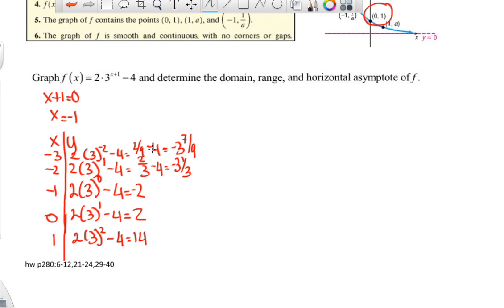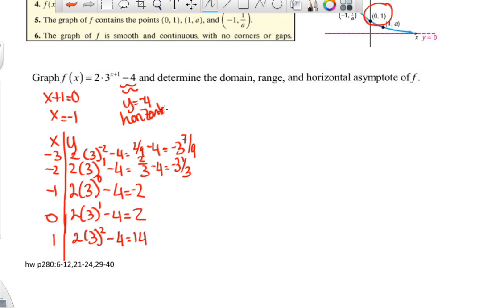So what is the horizontal asymptote over here? Okay, so if I pick a super big negative over here, then this becomes a 2 over a very big number, so basically that becomes 0. So the negative 4, y equals a negative 4, is your horizontal asymptote.